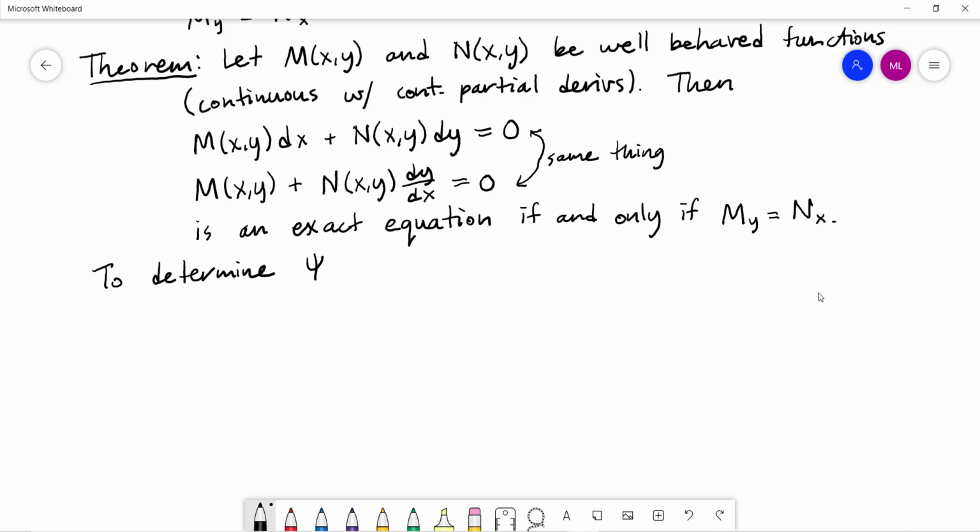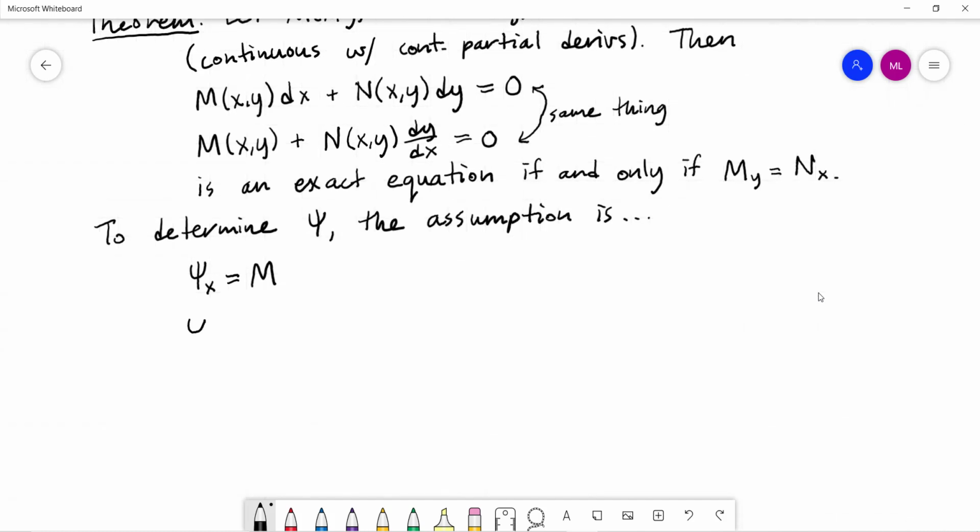Okay, so to determine psi, let's think about what we know. The assumption is going to be the following. Basically, we said that what we were going to call psi sub x, that's going to be the M, and what we called our psi sub y, that was our N. And we can use this to try to figure out what psi is.